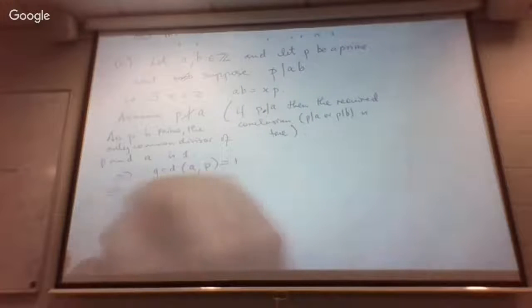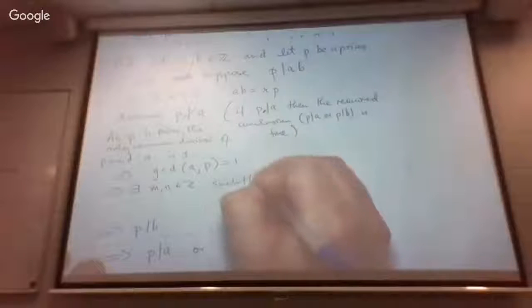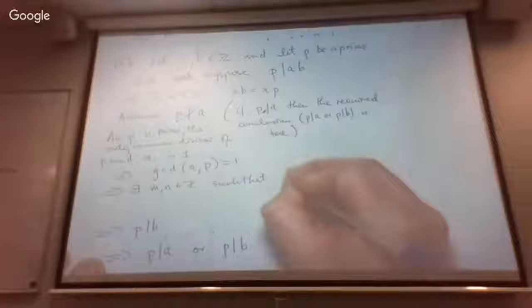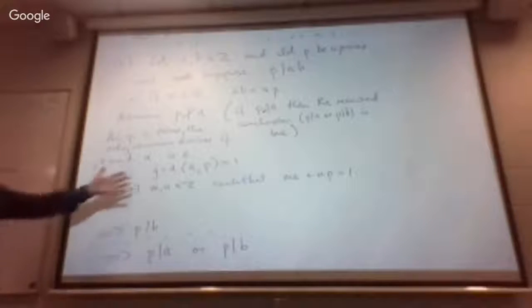So this implies there exists a pair of integers m and n, in Z, such that ma plus np equals 1. Okay, so we clearly stated that as a consequence of the greatest common divisor.